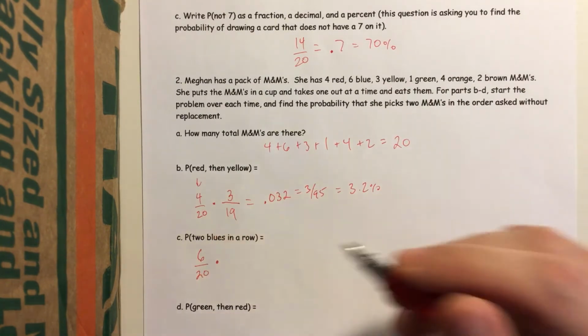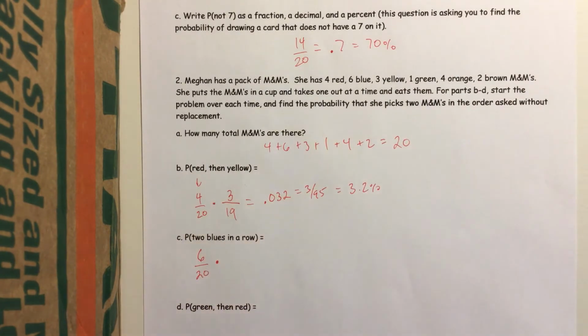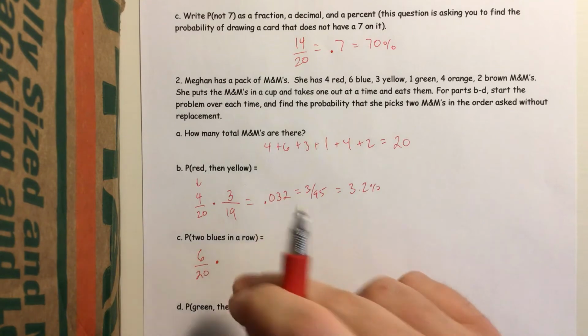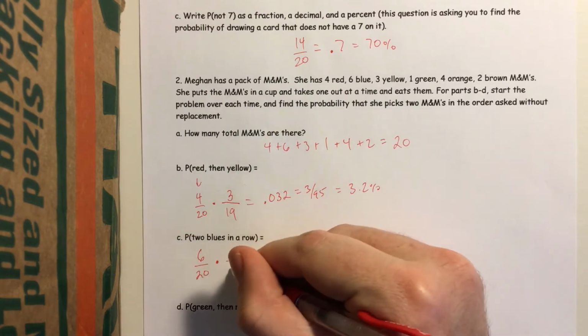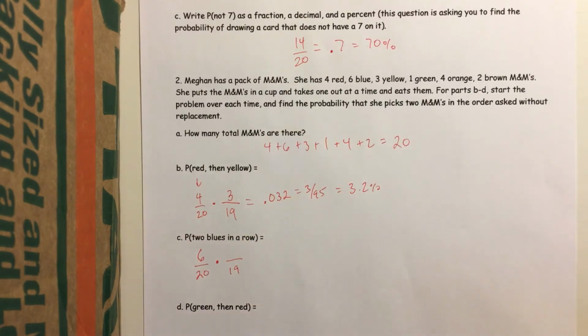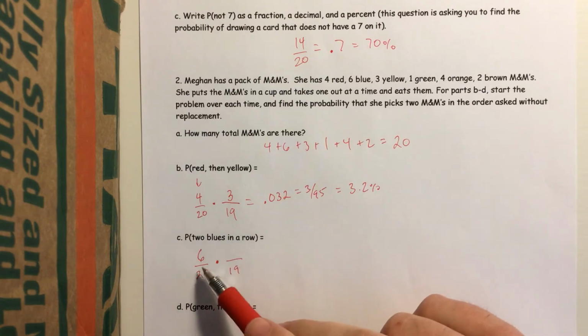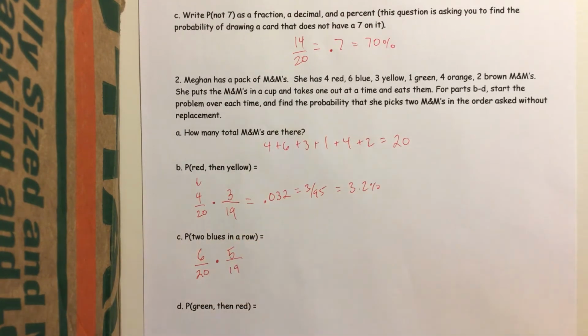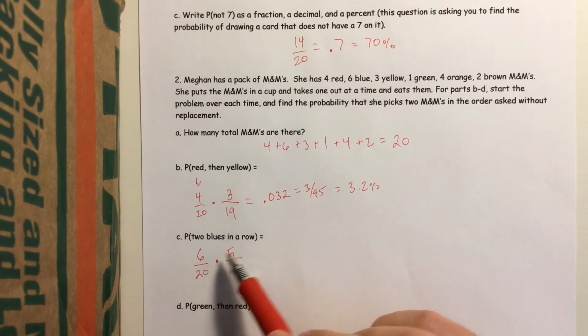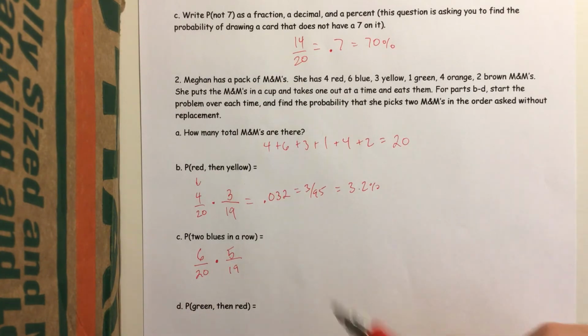What is our probability now of pulling that first blue M&M, eating it, and now pulling a second blue M&M? We only have 19 M&Ms left. And how many blue M&Ms do we have left? We already pulled one out and ate it, so there are only 5 blue M&Ms left. So be careful with that. This is the first time we've seen one of these, but this number can also be reduced by 1 if you've already pulled it out.